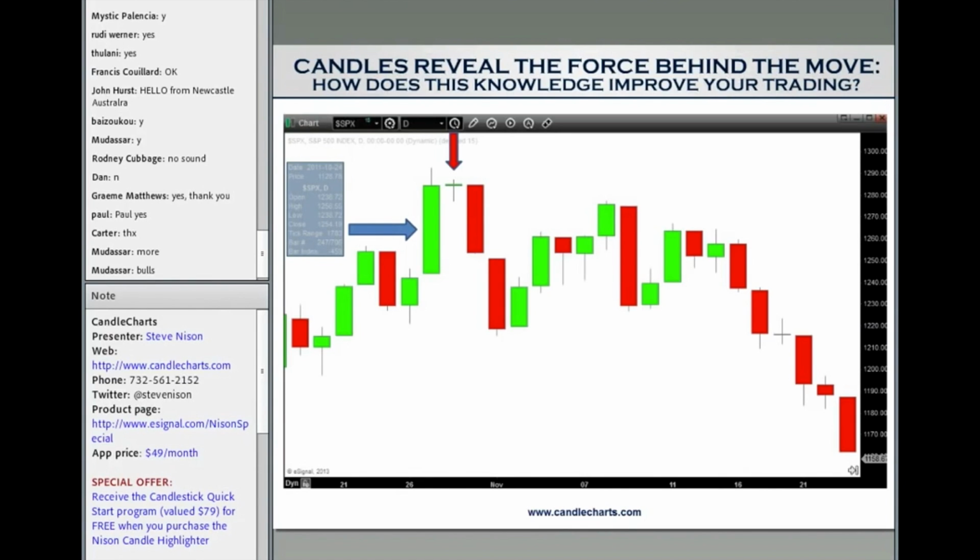The Japanese would say the market is tired. And what does that mean? That means the odds of a turn are greater than they would be on that tall green candle. So in one candlestick line, we get a sense that the force of the market, in this case the bullish force, is losing momentum.